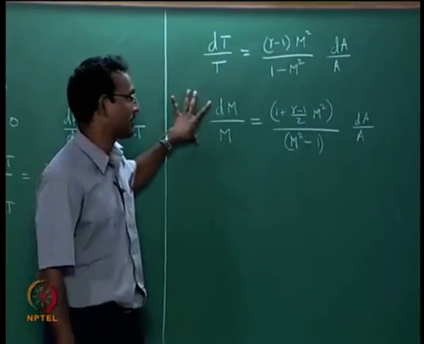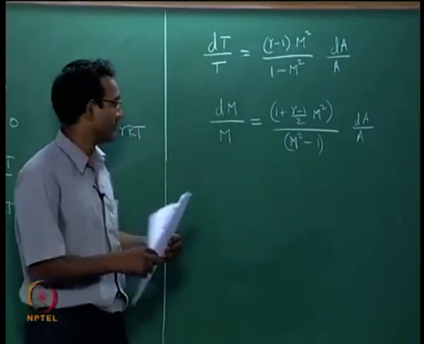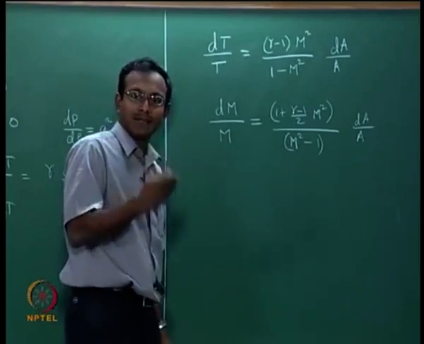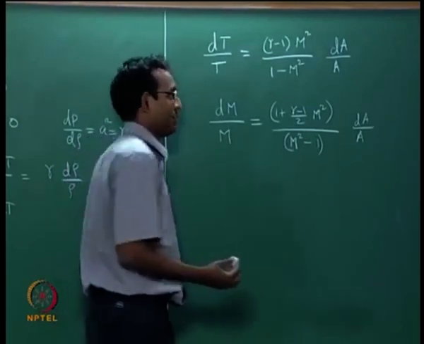Okay. And we have already used this in telling what happens if I increase area, what happens if I decrease area, all that expression we have already tried before. Okay. We will anyway go over this once more because this is directly applicable to flow through ducts with changing areas.